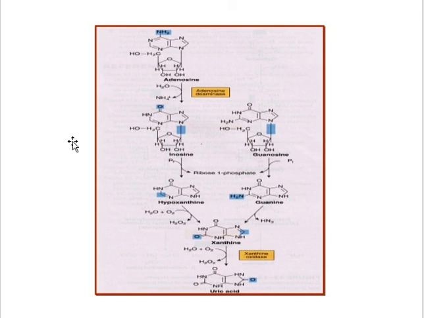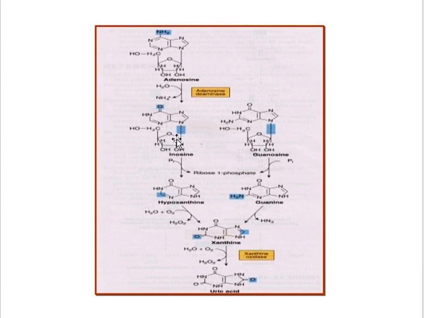Now we will see how the purine nucleosides are degraded. In this diagram, we see that adenosine is first deaminated by the enzyme adenosine deaminase and is converted to inosine.